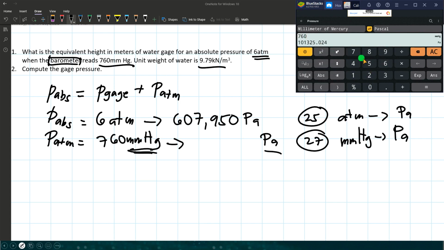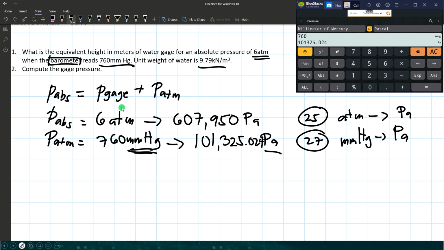So that's 101,325.024 Pascal. Okay, so that's it.